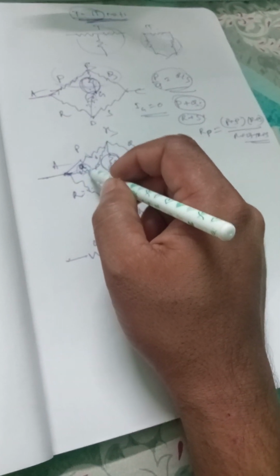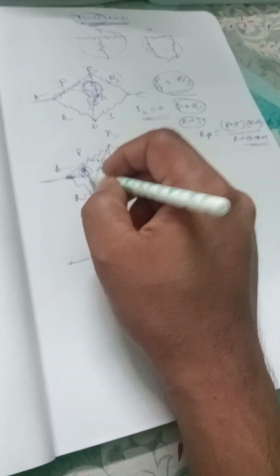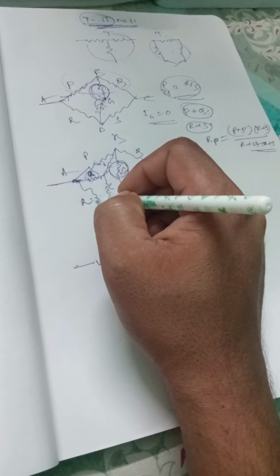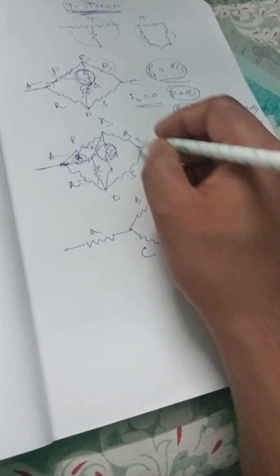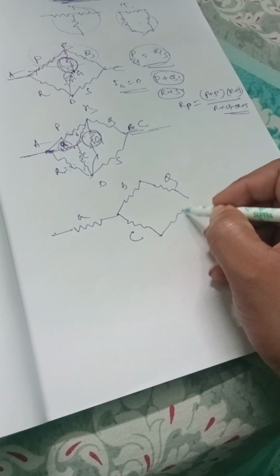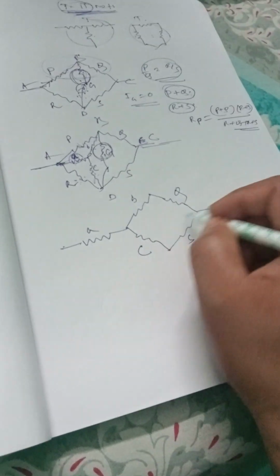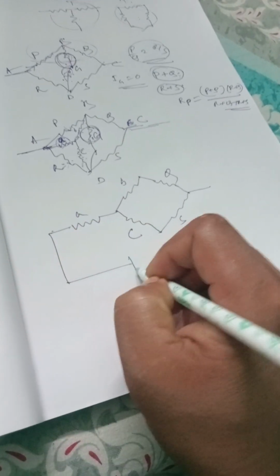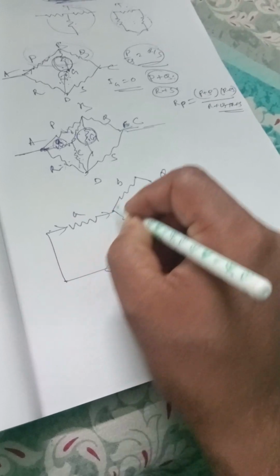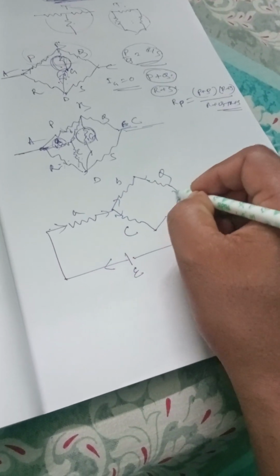The remaining resistors Q as well as S are connected as before. This is the battery with EMF E, and the current flows through in this way.